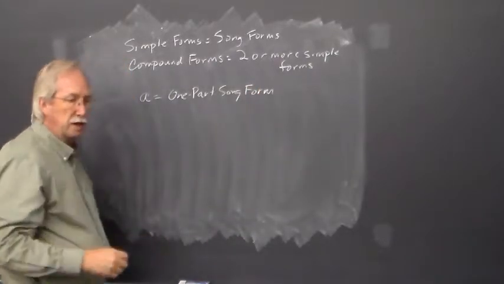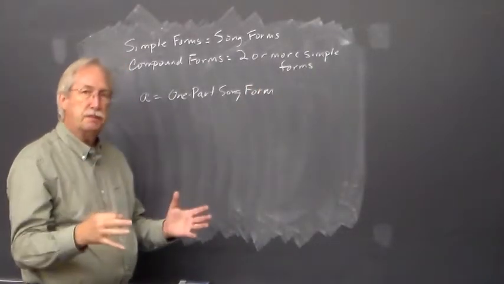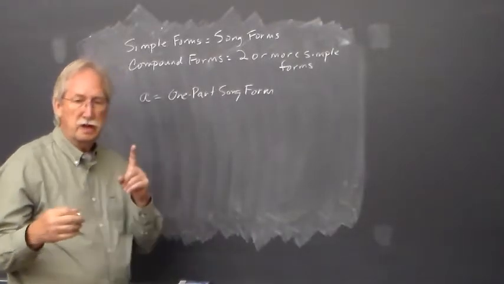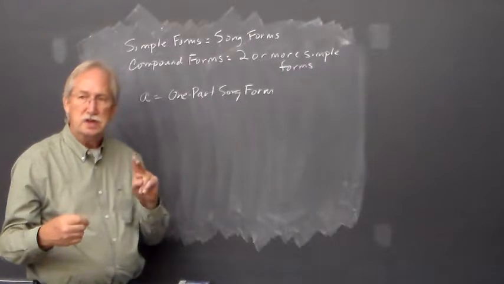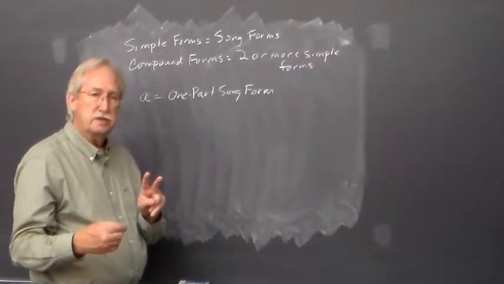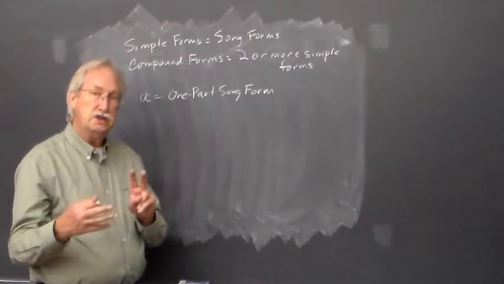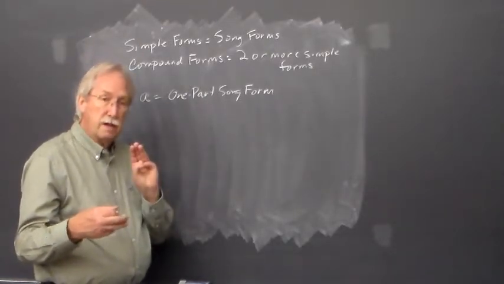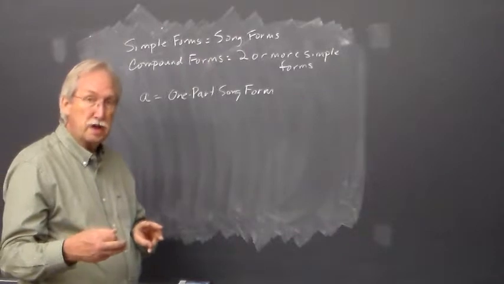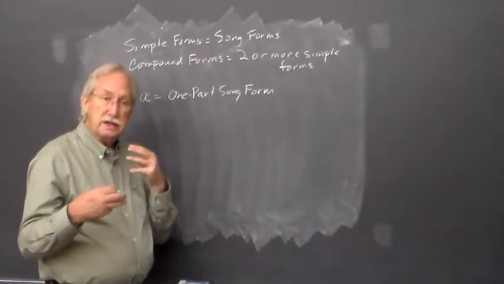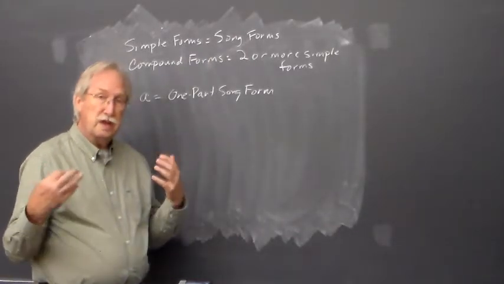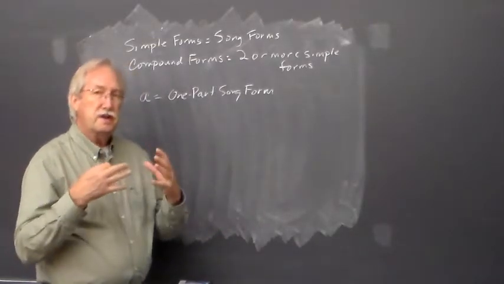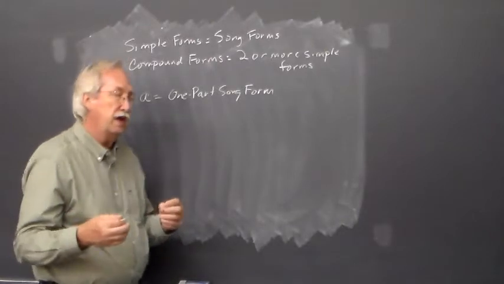You talk about essential members, which are the principal parts. We're going to see one-part song forms, two-part song forms, extended two-part song forms, three-part song forms, enlarged three-part song forms, incipient three-part song forms, and five-part song forms. They're all described by the number of parts that they have.